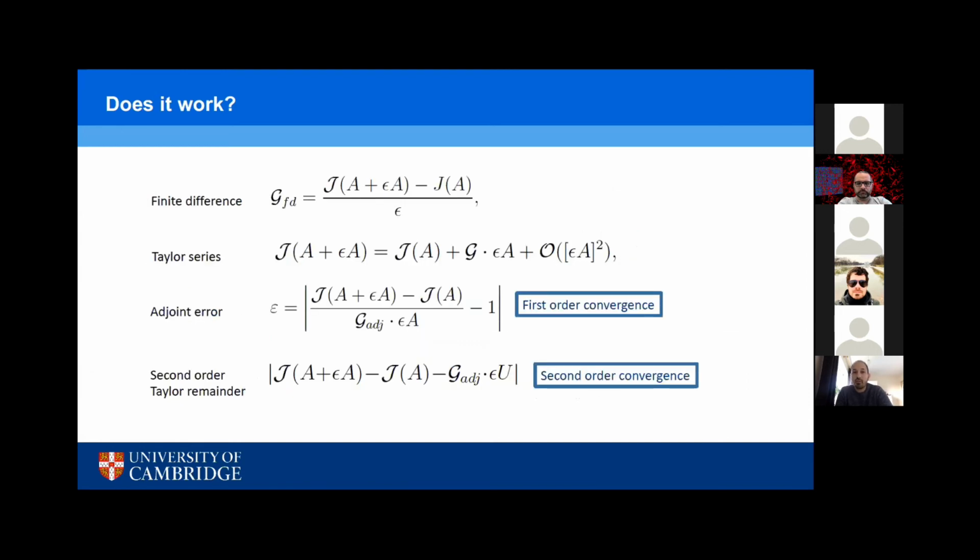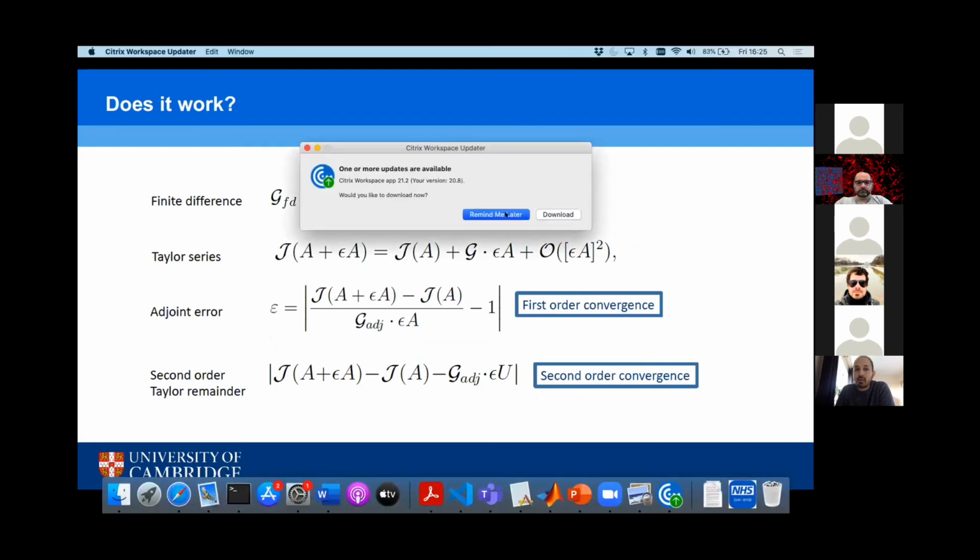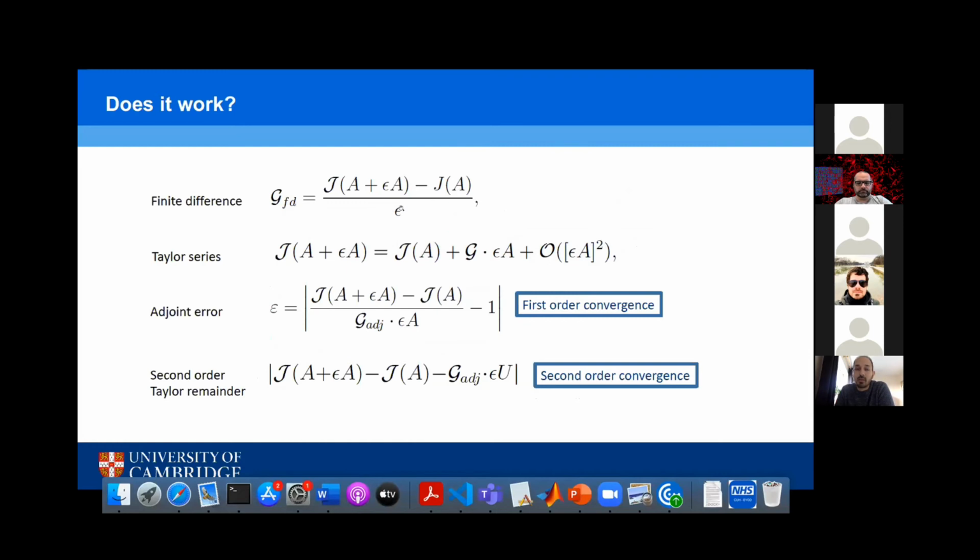So how do we actually verify it? We go back to basics of Taylor series. We know that a finite difference gradient expression would simply be given by the cost function for a slightly perturbed amplitude minus the cost function for the original amplitude, divided by the perturbation.